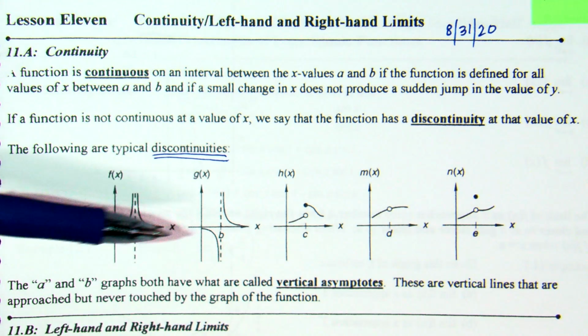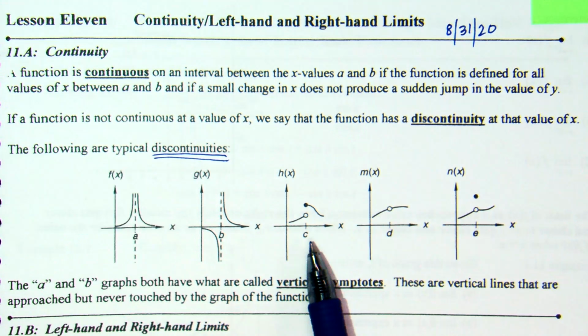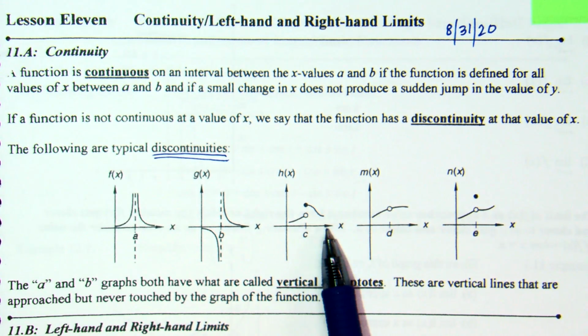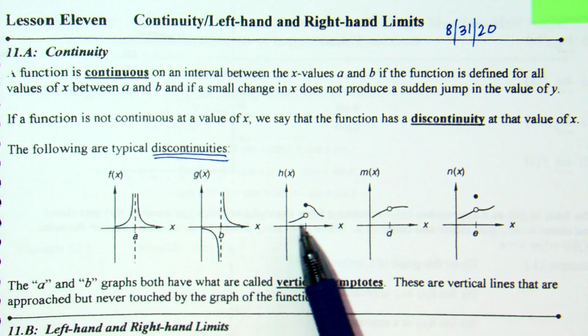C, there's a jump there, right? So that's an example of discontinuous. Now, that's an example where technically every value you put into your function would work, but this falls into the category of a sudden jump. Because C right here has a closed circle up here and an open circle here, every value I put in is going to work, but there's that sudden jump.